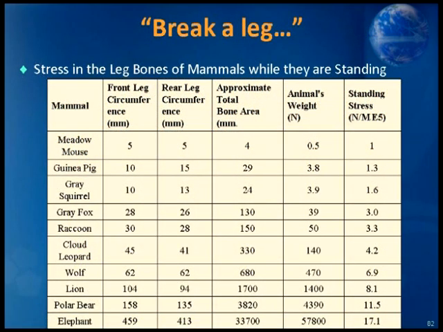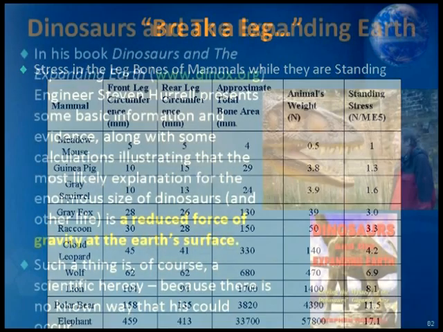I'm not going to read all these out, but just to show you, you can look at the front leg circumference in millimetres, you can look at the animal's weight, and then you can work out the stress, right? And if you look at these modern animals, the cloud leopard and elephant goes up to 17.1, that's a stress factor of 17.1 on its legs. But for dinosaurs, you would go beyond the stress that bone could stand for some of the big ones.